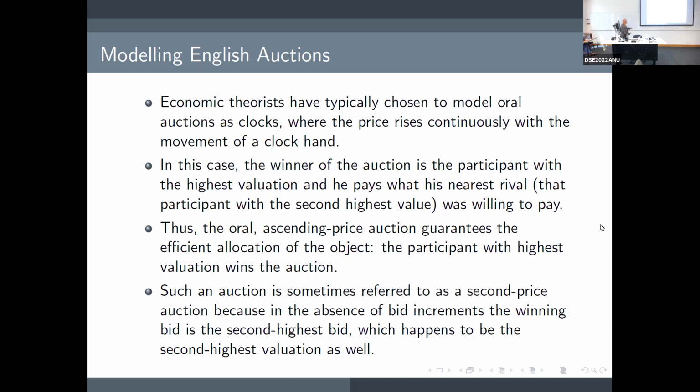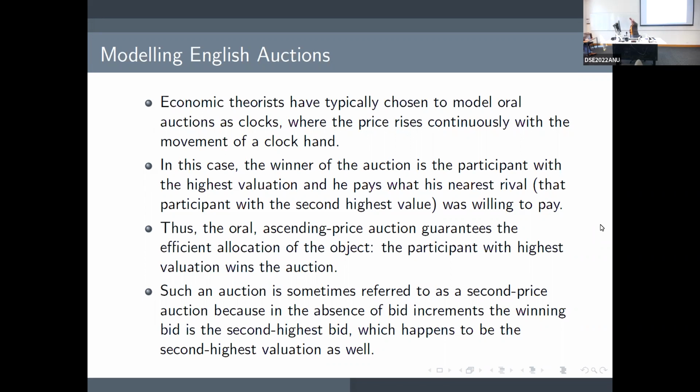So let's start with the English auction. One of the problems with these oral ascending price auctions is that reality gets in the way. And one way to shut that down is to take a position. The position that Milgrom and Weber took was to imagine that this is a thermometer or a clock, and it starts at some low price and it rises, and you, by holding up a card or by pressing a button, affirm your willingness to pay that price.